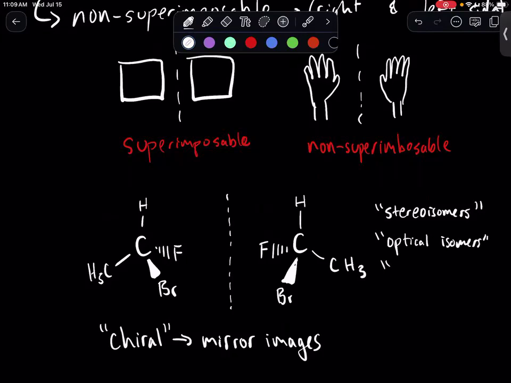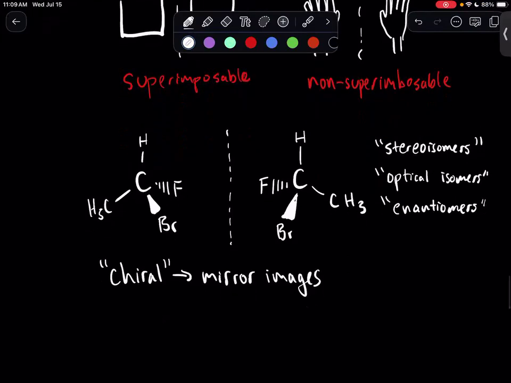And a third word we're going to use is enantiomers. Now, one of the hardest parts about this is all three of these mean the same thing. However, stereoisomer can also mean cis-trans isomerism, and all of them will be used interchangeably. So you really have to learn these terms and know what they mean in reference to one another.